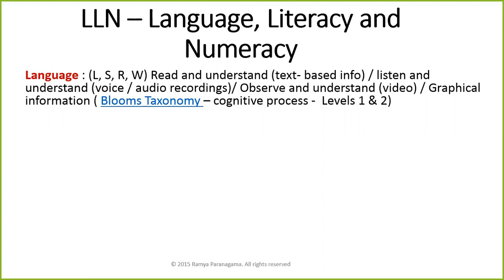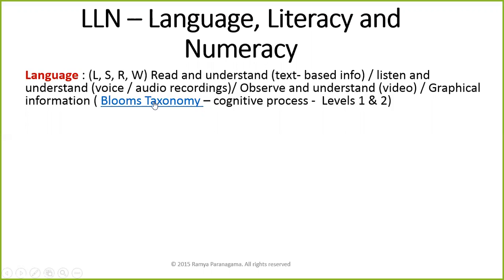Then the videos have the more processes involved, or a number of events, or the presenter, some kind of video content, looking at an image, and somebody is instructing. The graphical information comes from a number of diagrams or graphs that we use. So therefore, on all those areas, language is present.